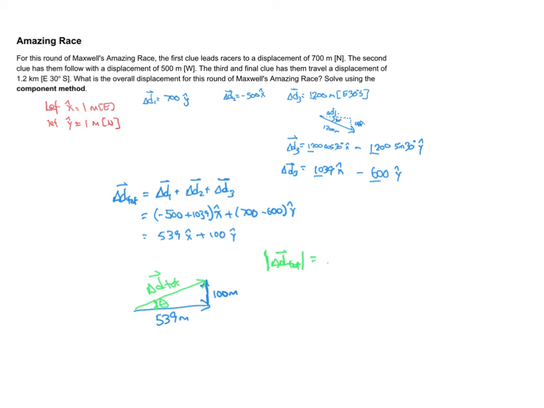Okay, so the magnitude is going to be found with the Pythagorean theorem. So it's going to end up being the square root of 539 squared plus 100 squared. Get the calculator out. That is giving me 548.